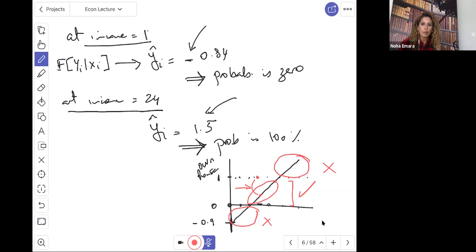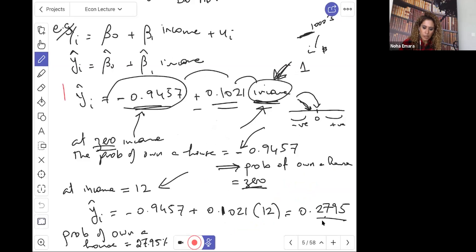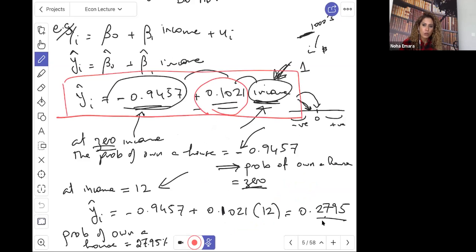Other than that, in terms of interpretation, I'm just interpreting these coefficients the normal way we have learned. The t-statistic, if I have the standard error, I can interpret the normal way, and the same for this one. Any question?